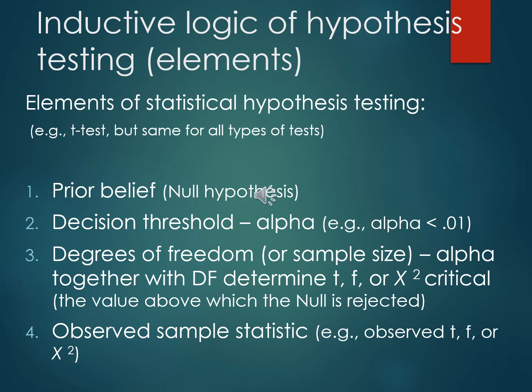This is basically the area that separates unlikely from likely. So this means given your prior belief, certain kinds of things should not occur. That's the alpha level. And then there are degrees of freedom. Degrees of freedom is a property of your sample size. The larger the degrees of freedom, the more trust you have in the accuracy of the data. Okay, and then finally, based on these, you're going to compute the observed sample statistic.